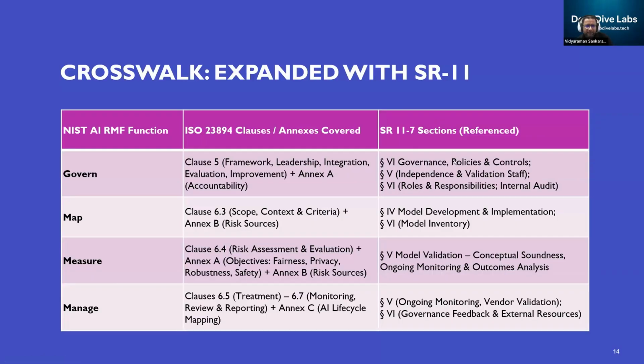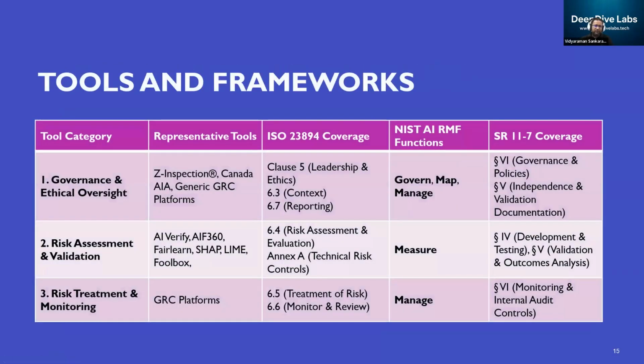Now, taking this one step forward, if we now abstract it away from just the top level pivots that we have just seen, 23894, NIST AI RMF, and 11.7 here, the tool categories very broadly put are either governance and ethical oversight, or risk assessment and validation, and risk treatment and monitoring.